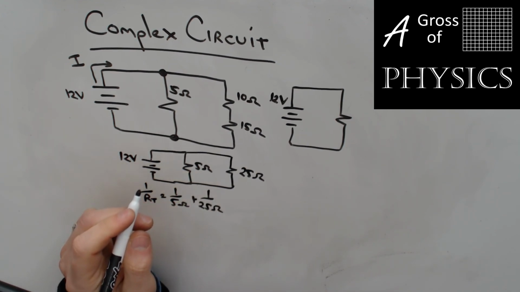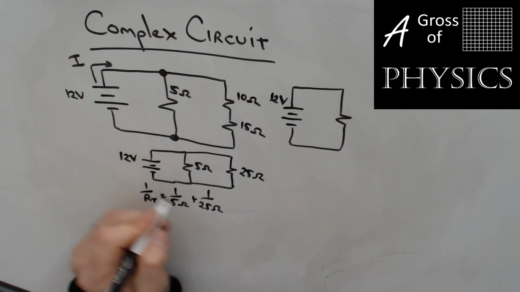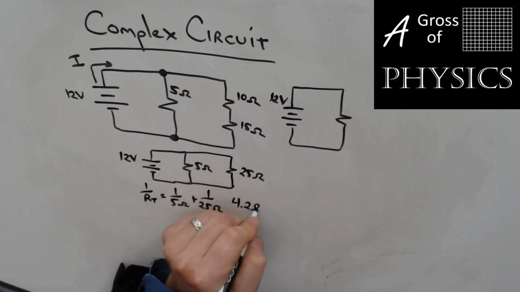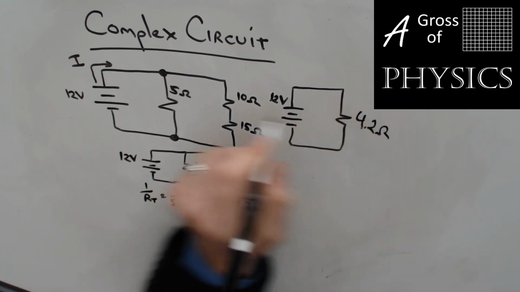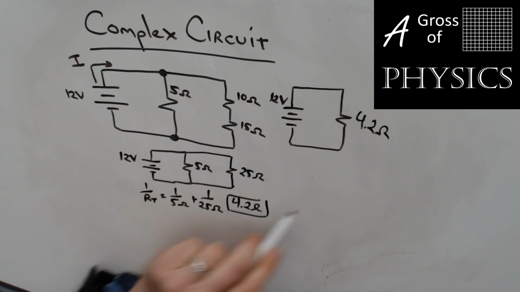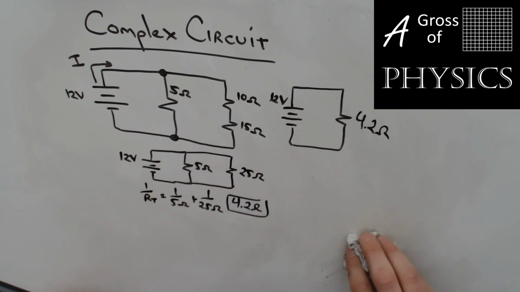So I do 5 to the negative 1 plus 25 to the negative 1, and I find the reciprocal. And I get 4.2 ohms. That's this value right here. So I've simplified my circuit to get a single resistor.